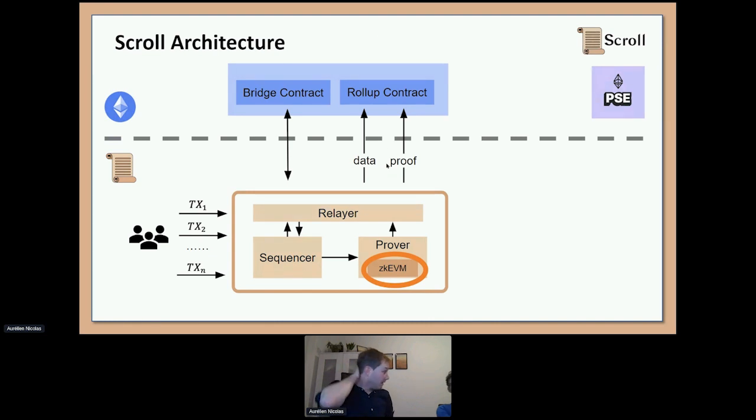The prover does not blindly trust what the sequencer is doing. It's a service for the sequencer: here is my block, give me a proof. It's a big machine with a lot of GPUs inside. In this version of Scroll, what's running on testnet, it's all together in a cloud, in the same organization.